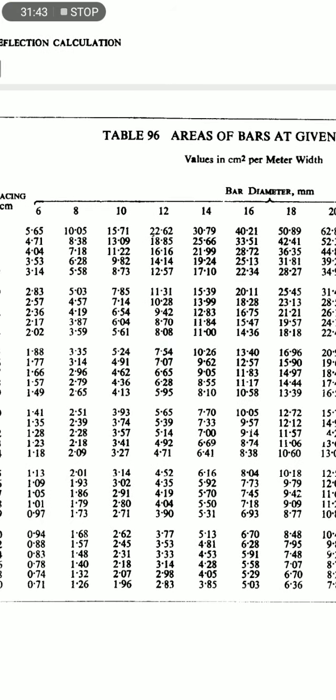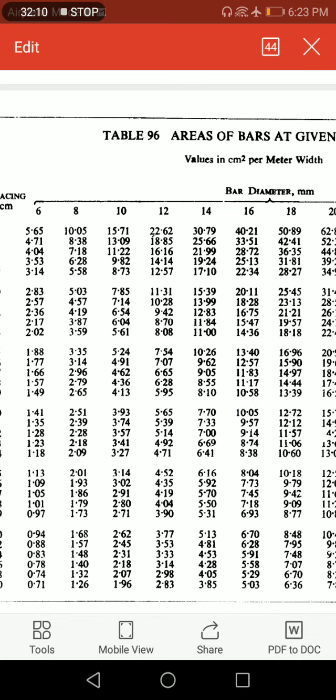The top row is bar diameter: 6 mm, 8 mm, 10 mm, 12 mm, and all the values are in terms of centimeter square, that is area of reinforcement. But we need in terms of mm square, so all those values will be converted into mm square. Our required value is 284. So the concept is the provided AST should be a little bit greater than the required AST.